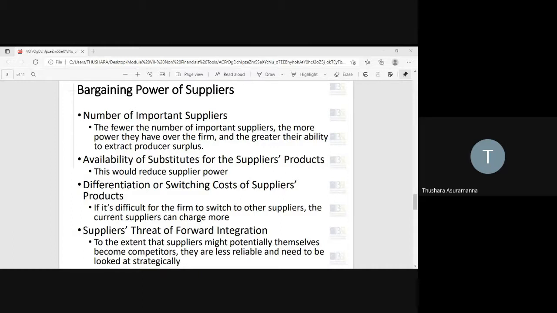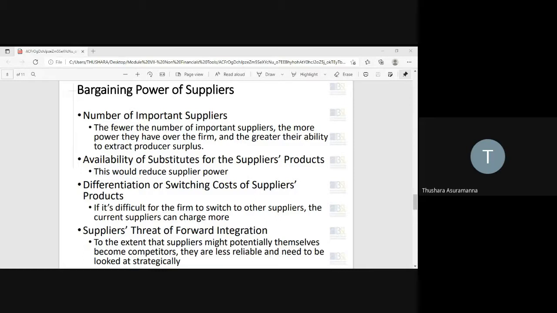Now you can find out that instead of using raw material A, you can use raw material B, which is a substitute for this one. If there is a substitute for the supplier's products, then their power could come down. That's another point.